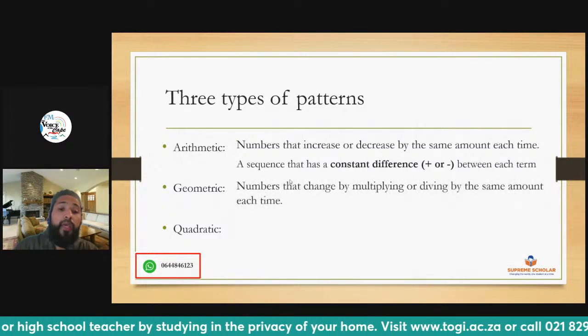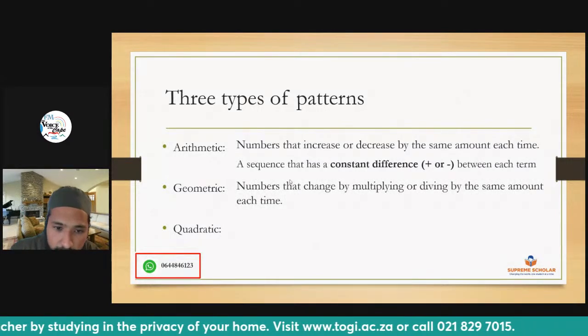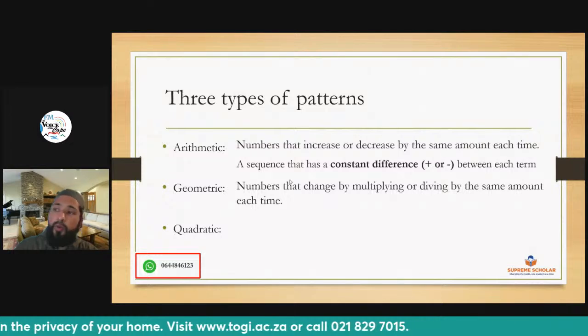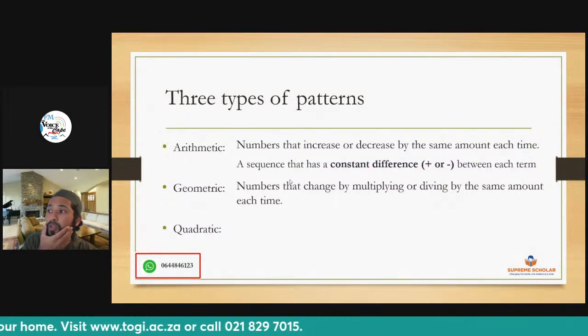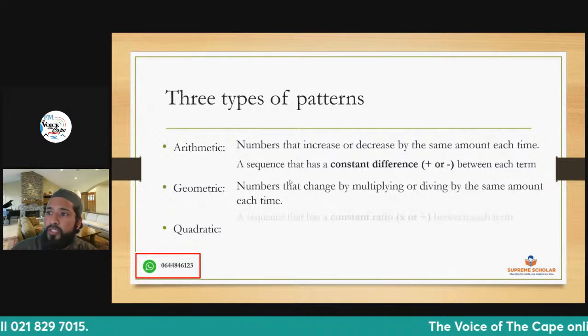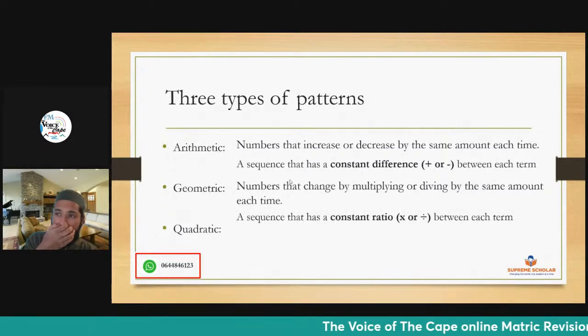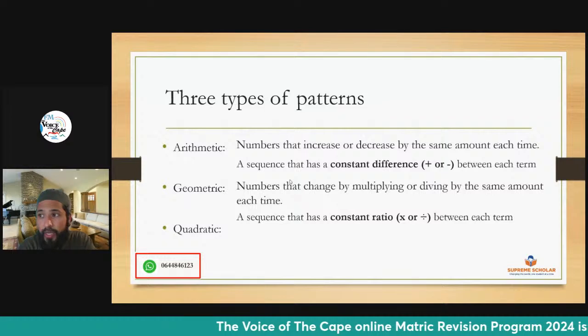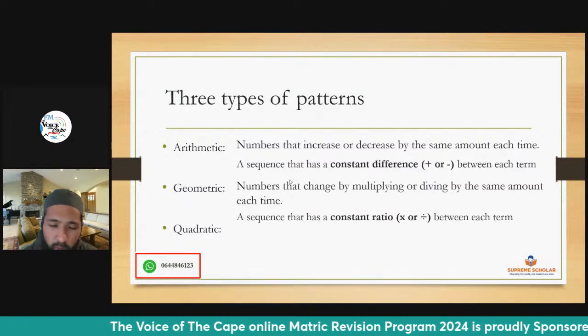Right? A geometric pattern, what's the difference between the two? A geometric pattern is numbers that change by multiplying or dividing by the same amount each time. What are we saying here? A geometric pattern is simply a sequence that has a constant ratio. What is that in English?